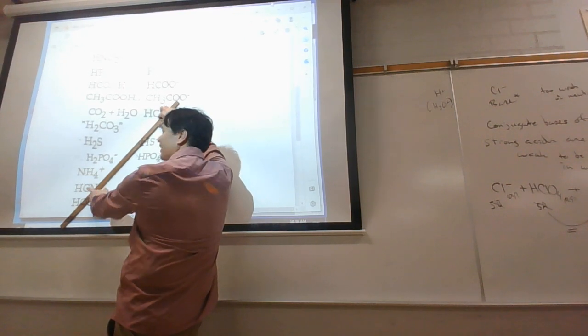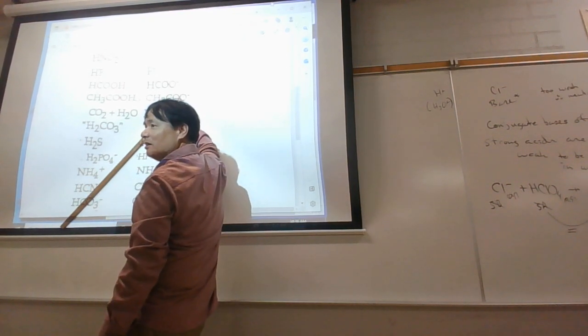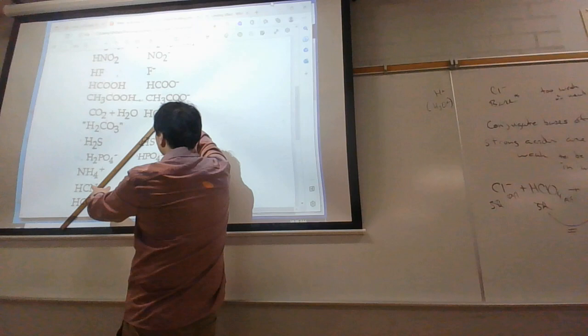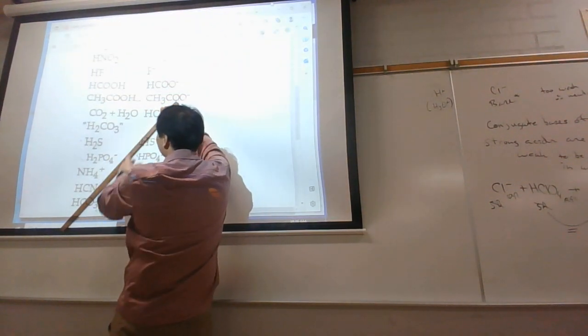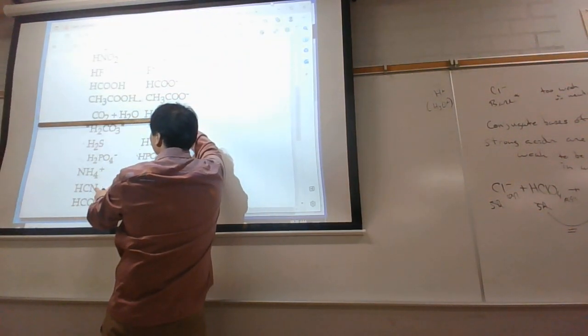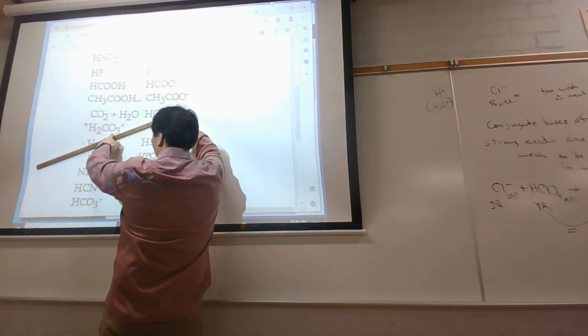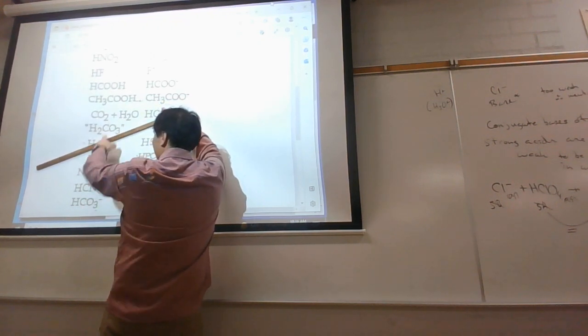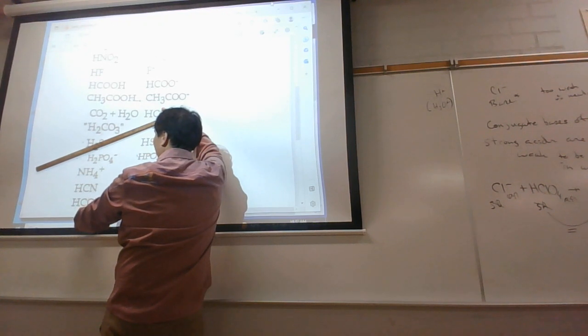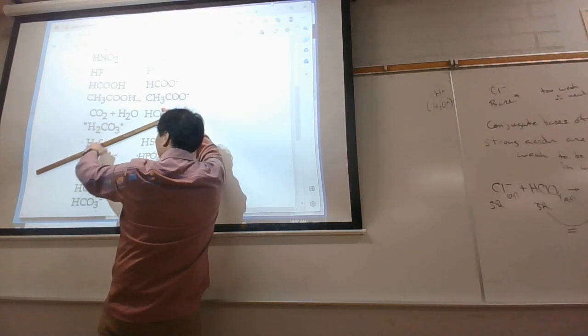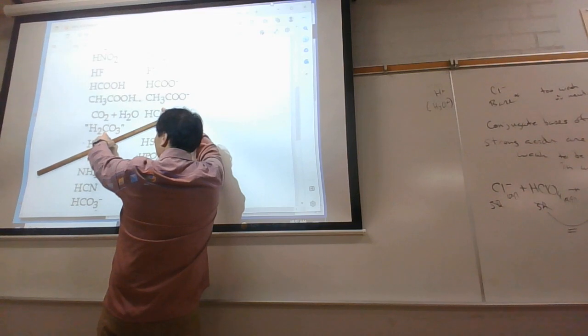HCN and bicarbonate. Is that good? No, it won't. Because if I took HCN and bicarbonate, it's going to form CO2 and water, aka carbonic acid. And carbonic acid is stronger or weaker? Stronger, so we're going from weaker HCN to stronger.